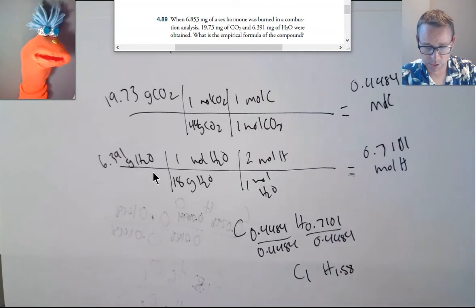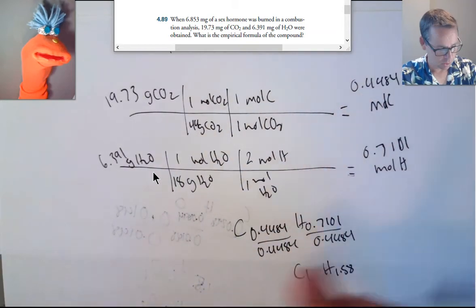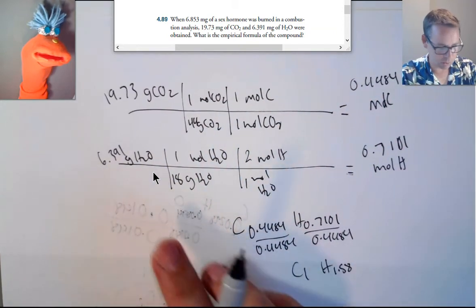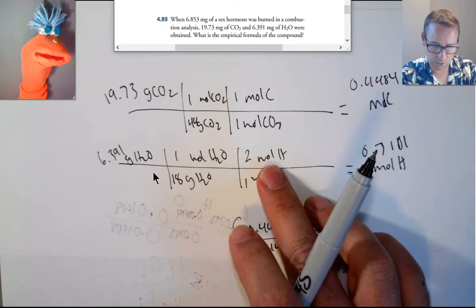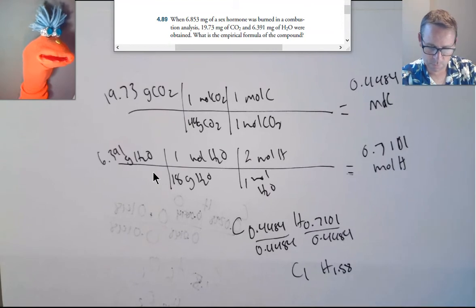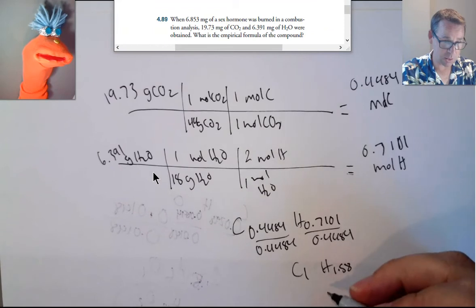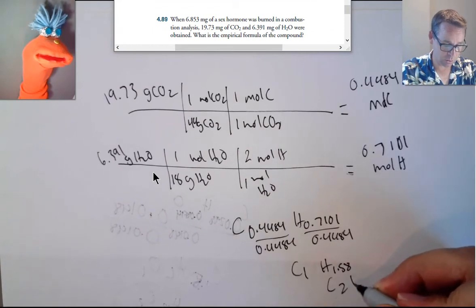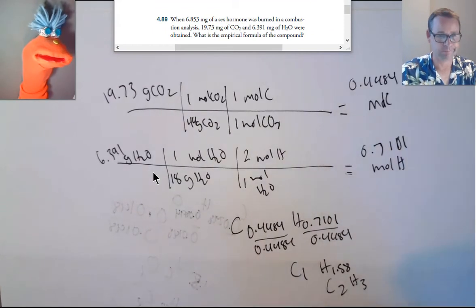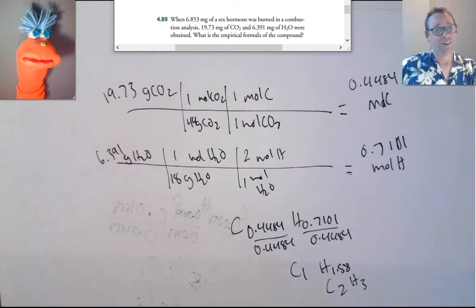I guess we could double check, make sure we did it right. 19.73 divided by 44, 6.391 divided by 18 times 2. Okay, so I'm going to have to say that this is probably C2H3. I think that's one worth checking on because that's a weird chemical formula. Let's check it out in the back of the book.